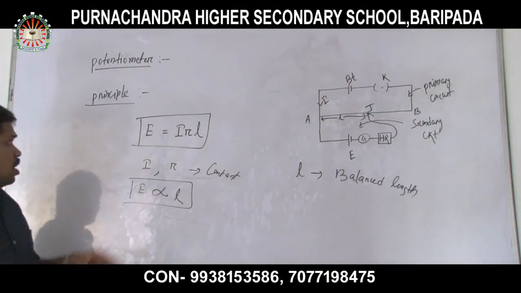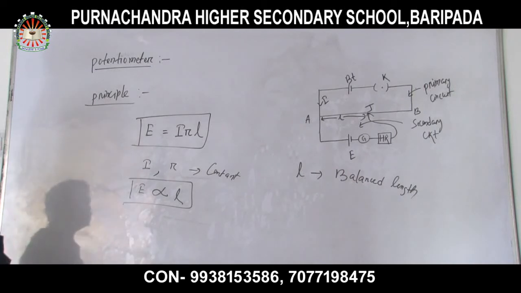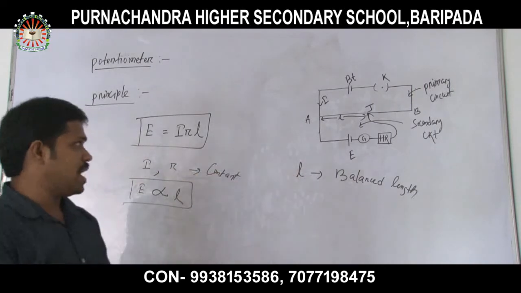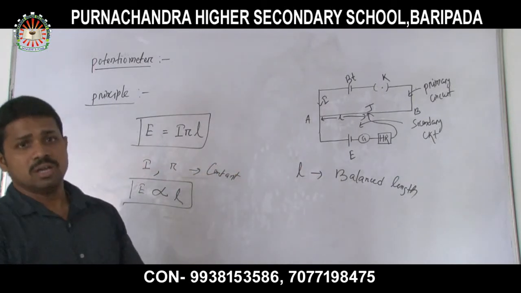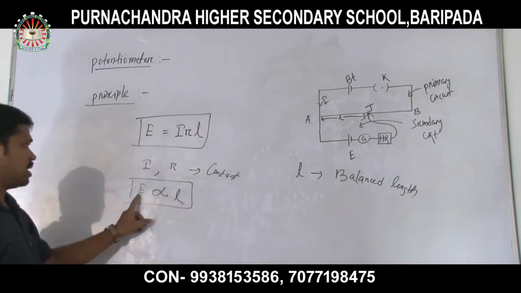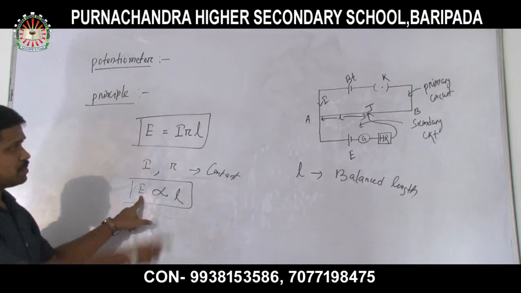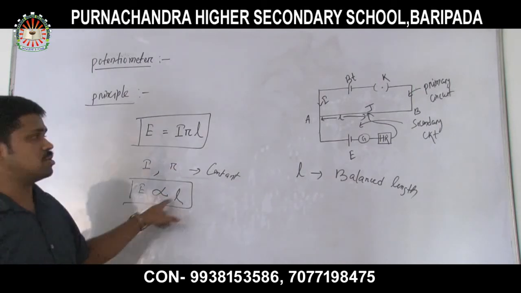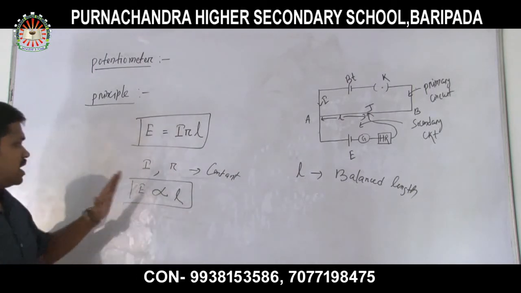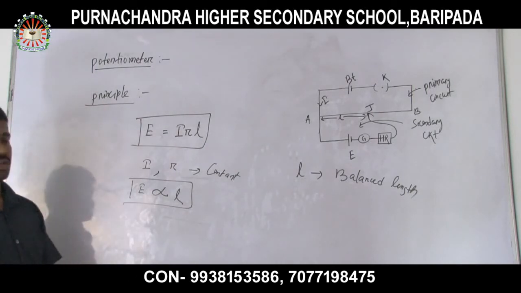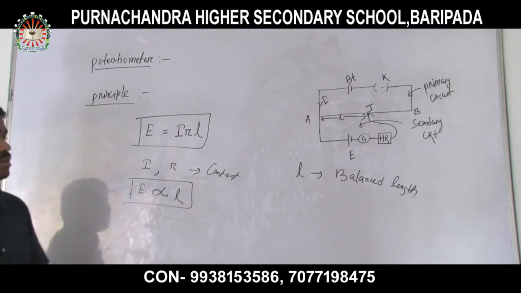The principle states that in a balanced condition, where the current in the galvanometer is zero, the EMF of this circuit is directly proportional to the balanced length. And how will you get the balanced length?